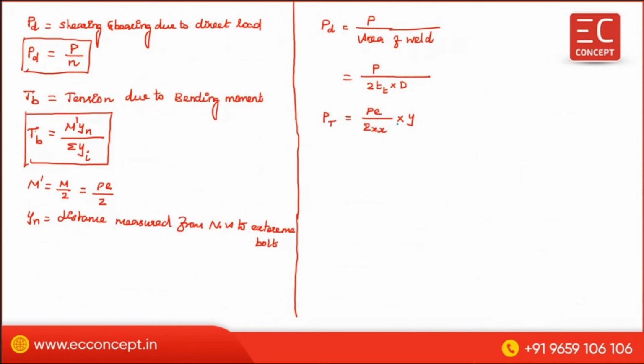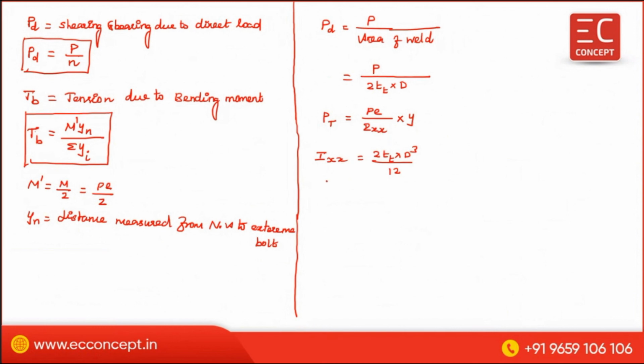Now what is IXX? IXX we can write for that case as B into D cube divided by 12. B means 2 times the throat thickness, the breadth of the section.